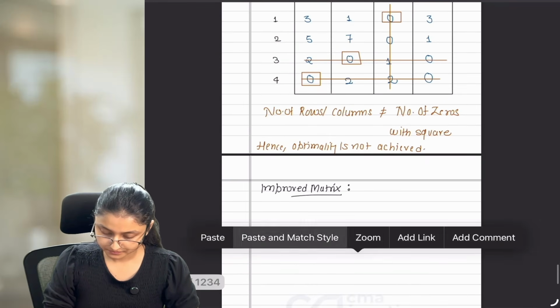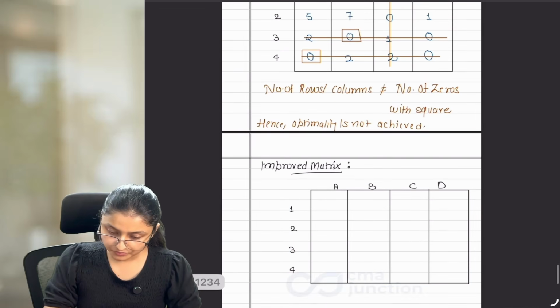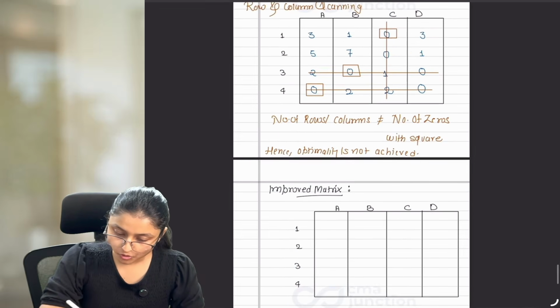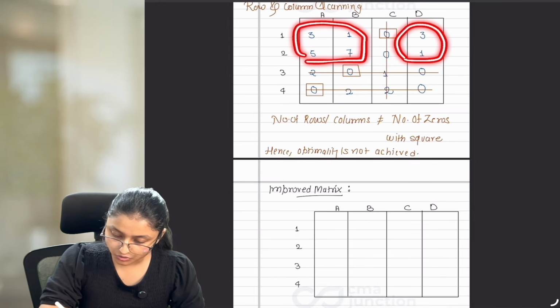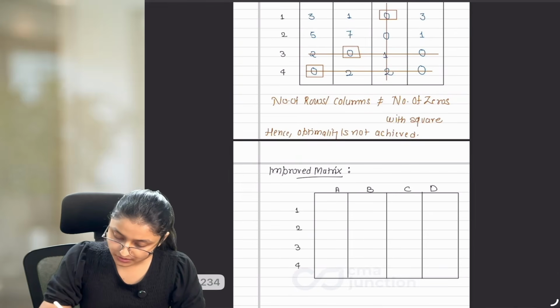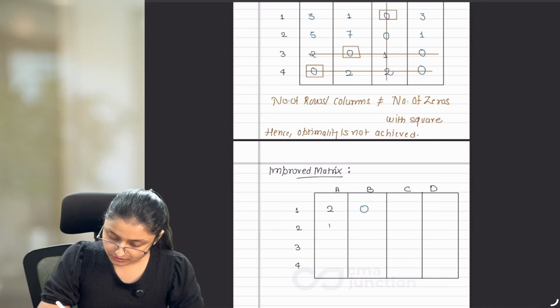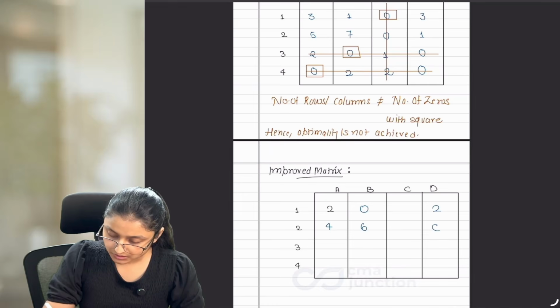Now, in this improved matrix, what to do? From all the uncovered elements, find out the lowest value, which is 1. So 1 should be reduced from all other uncovered elements. 3 minus 1 is 2, 1 minus 1 is 0, 5 minus 1 is 4, 7 minus 1 is 6, 3 minus 1 is 2, 1 minus 1 is 0.